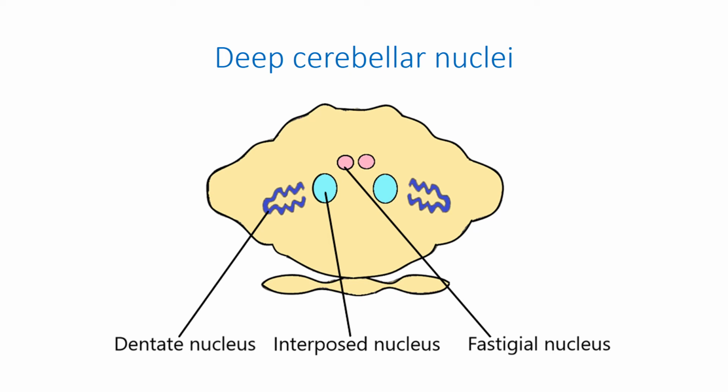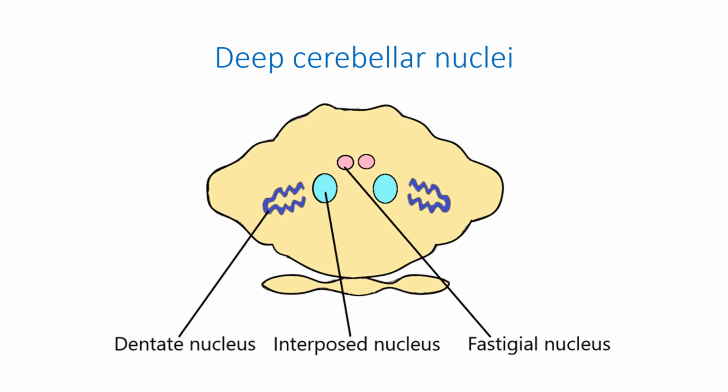Dentate nucleus is divided into two parts, namely the dorsal or motor domain and the ventral non-motor domain. Their projections are organized to distinct areas of the cerebral cortex via the ventrolateral thalamus.